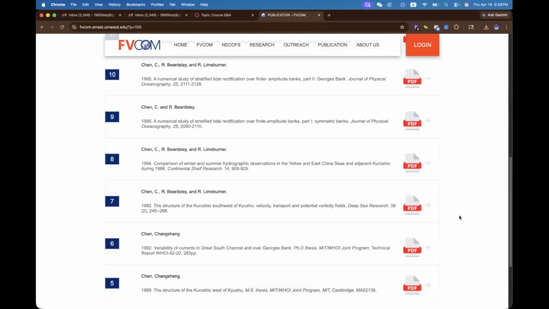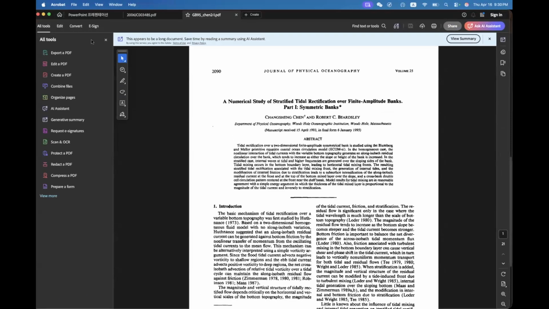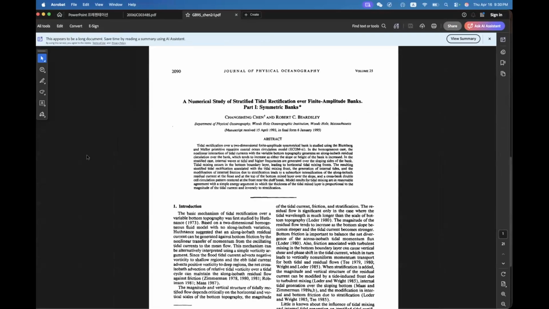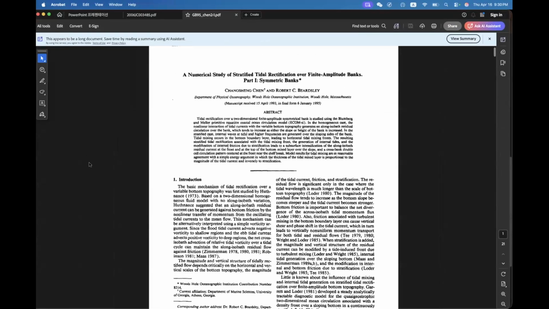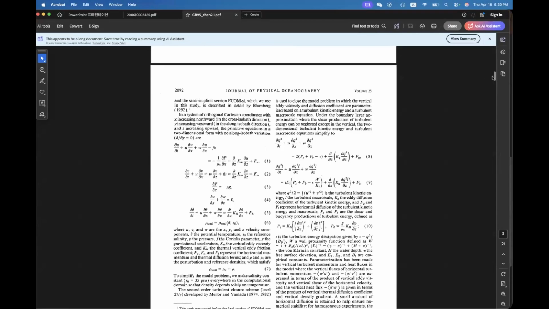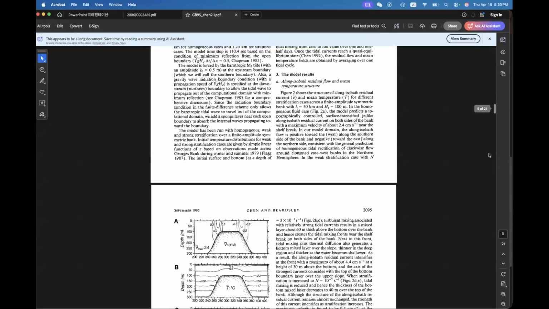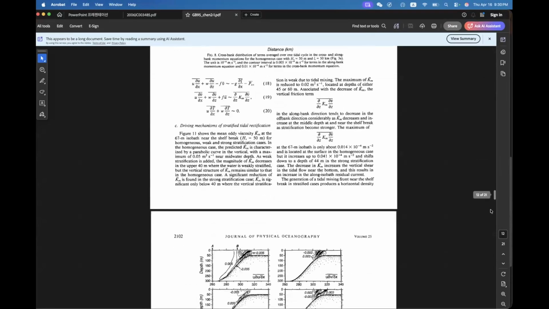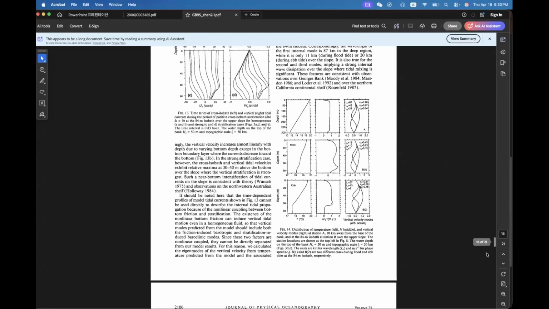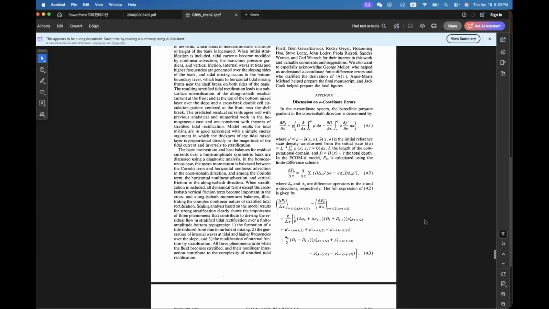Yeah, this paper, symmetric band. Yeah, this paper. You look at the appendix.